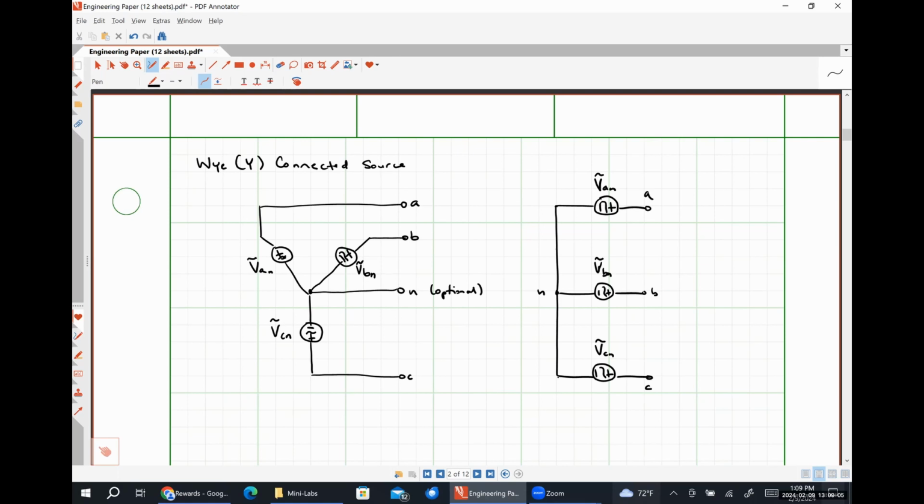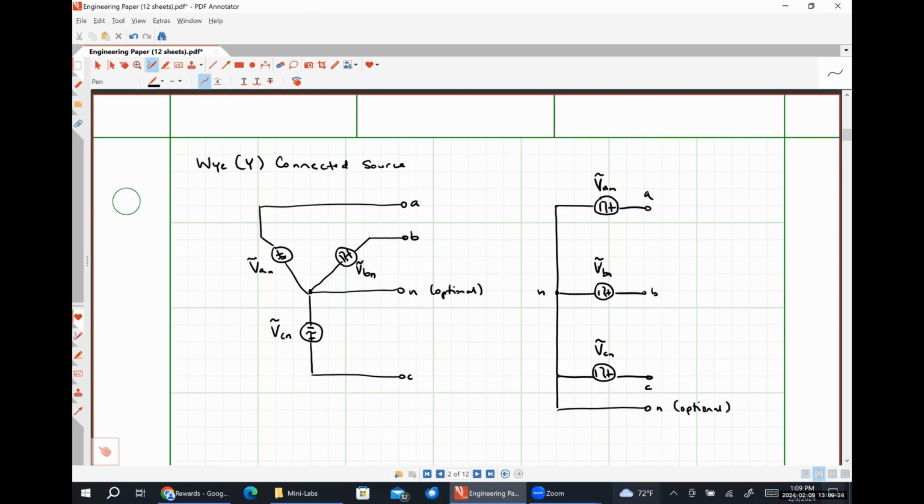And here is my optional neutral terminal for connecting a neutral conductor to the system.